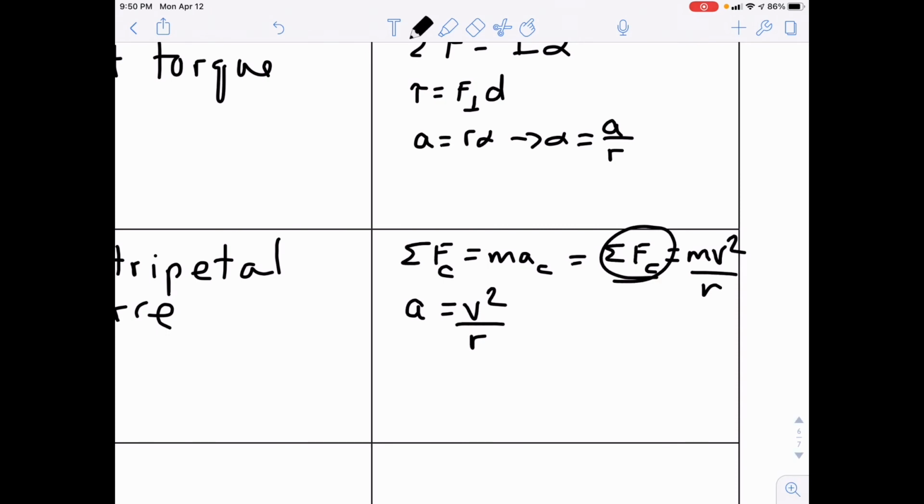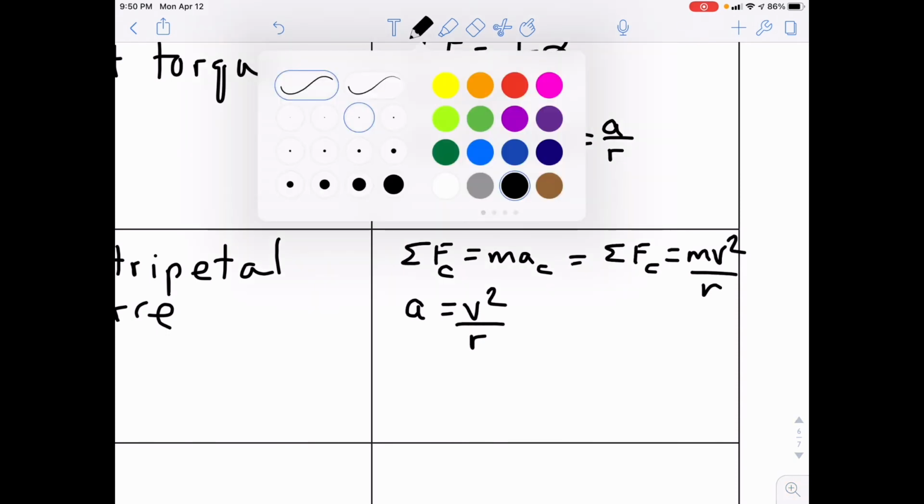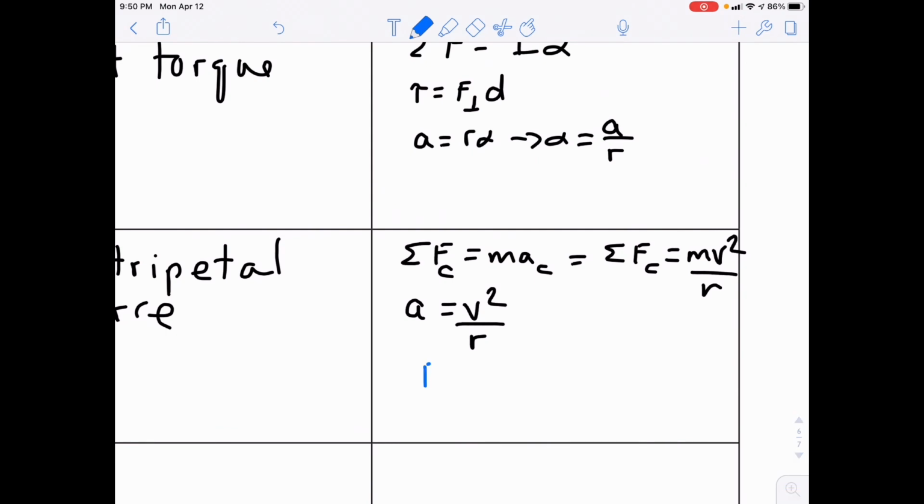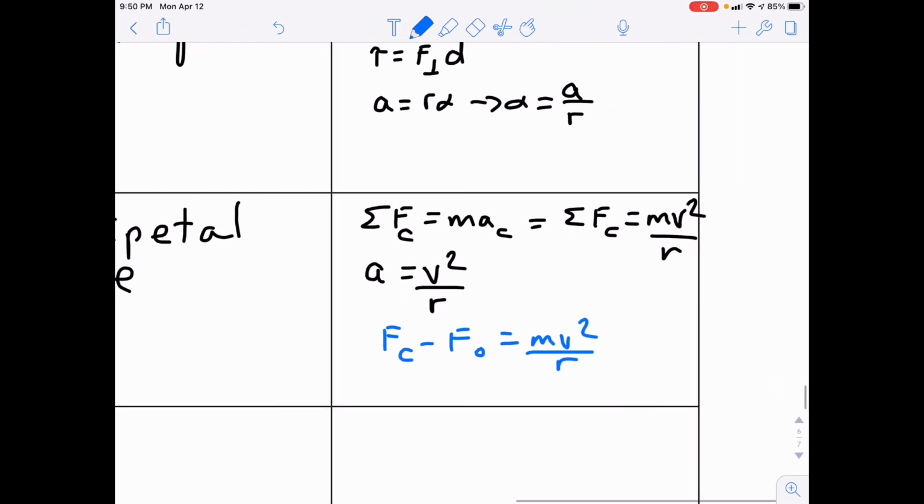But don't forget, you do have to be able to work that into the individual forces. So that could be written as causing force minus opposing force equals mv squared over r. When we're talking about forces that cause curvature, causing forces point into a circle. Opposing forces point out of a circle. So forces in minus forces out equal mv squared over r.